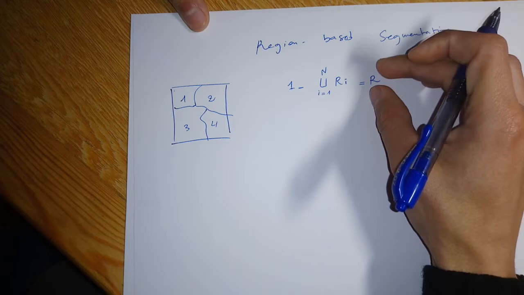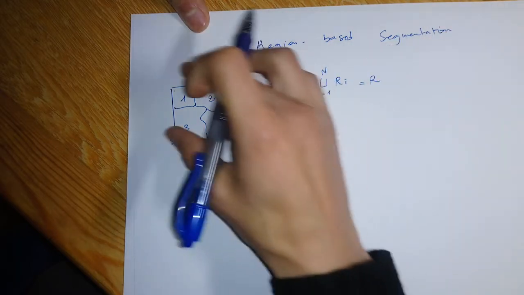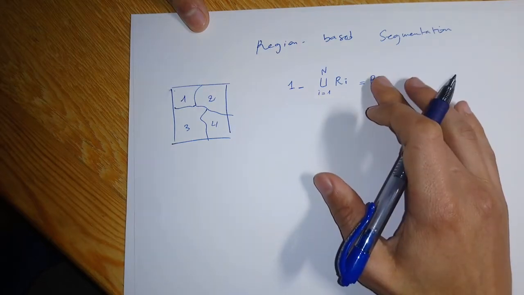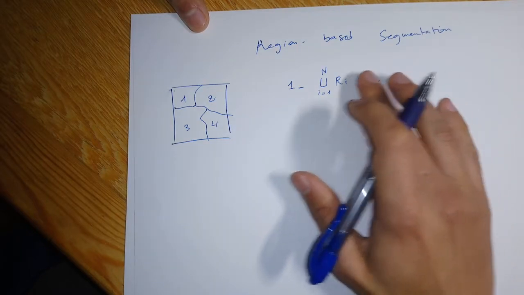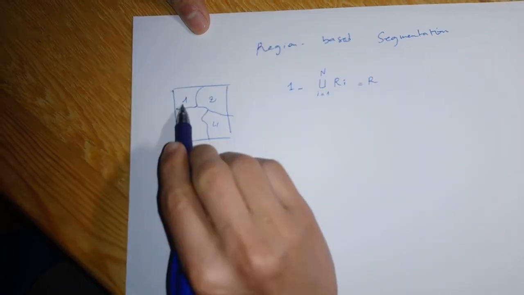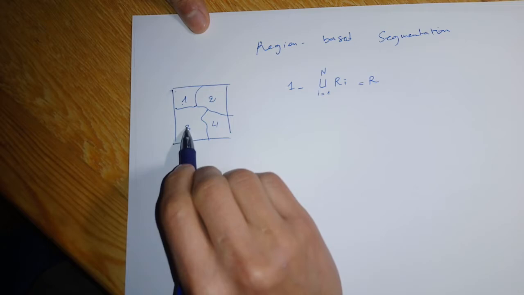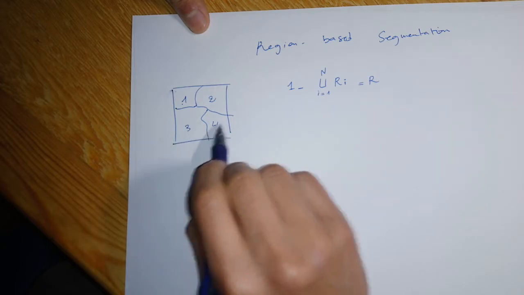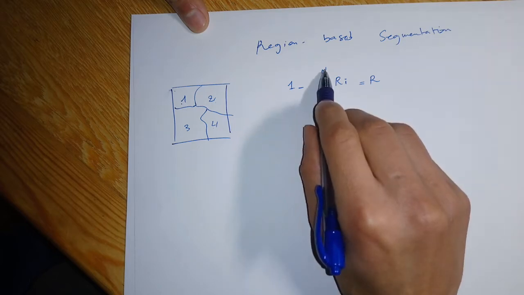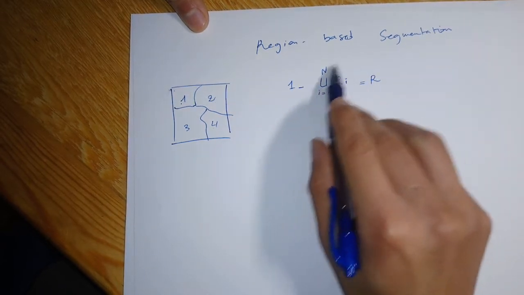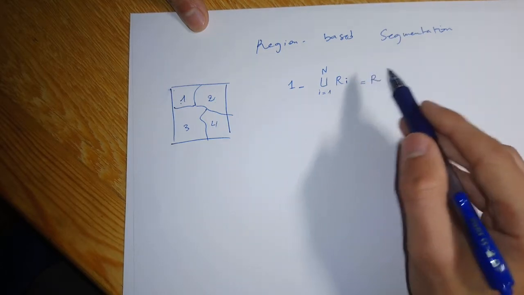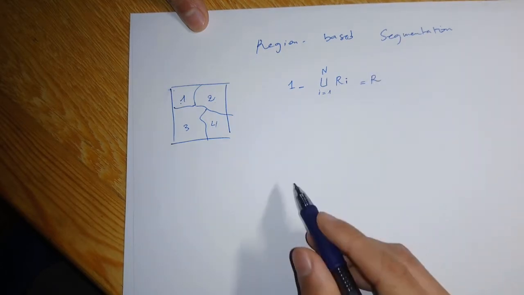R is the region represented by this entire image. R is just the image, and Ri is a given segment. So this is R1, R2, R3, and R4, so in this case i equals 1 to 4. The union of all of these regions must yield the region of the image.